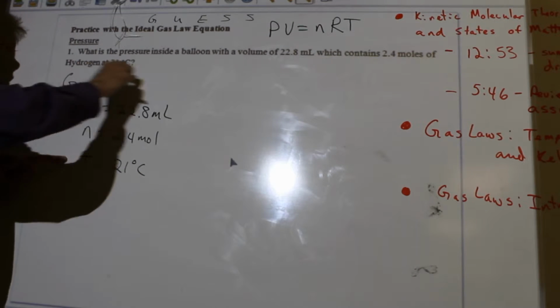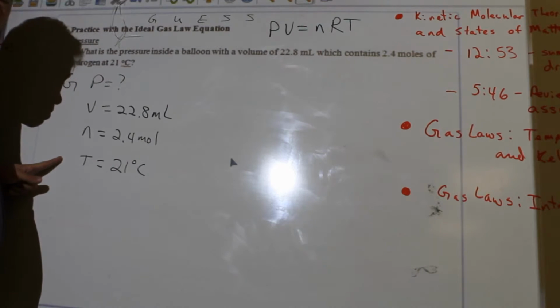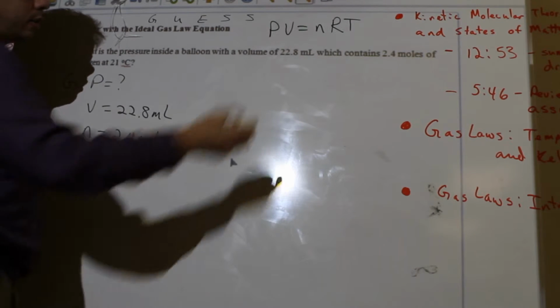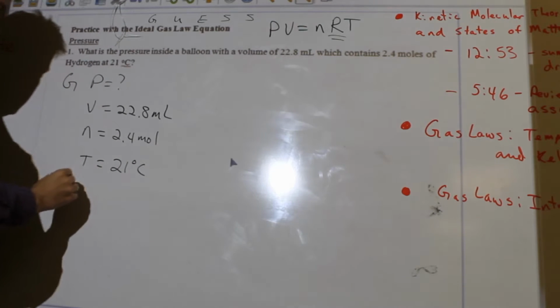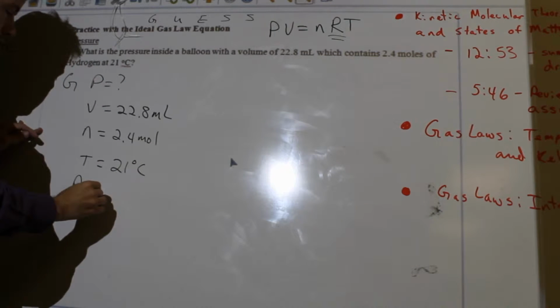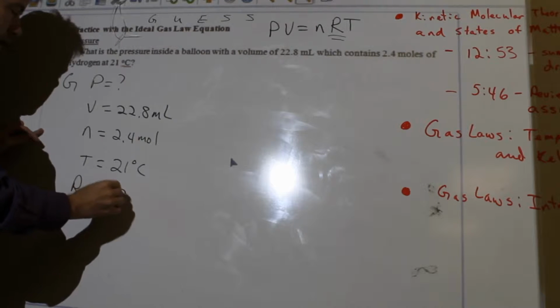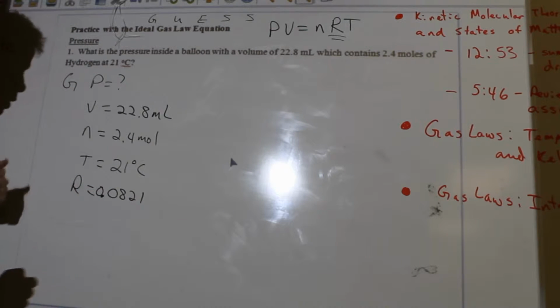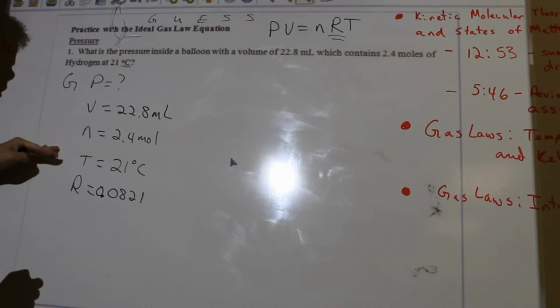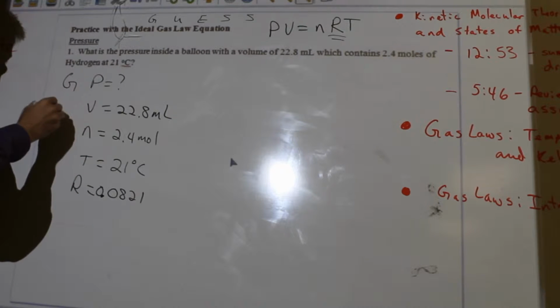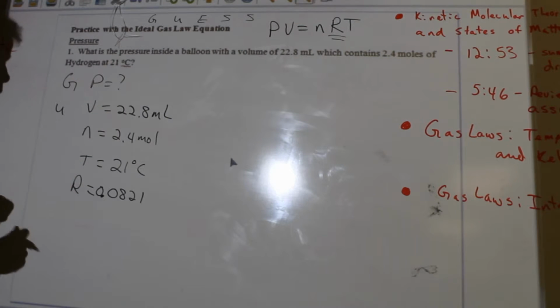What is not given in the word problem, and will usually not be given at all, is R. R is a constant, so it's always the same. It's always 0.0821. Okay? So now that we've written our givens, we have our unknown, because we're looking for pressure.